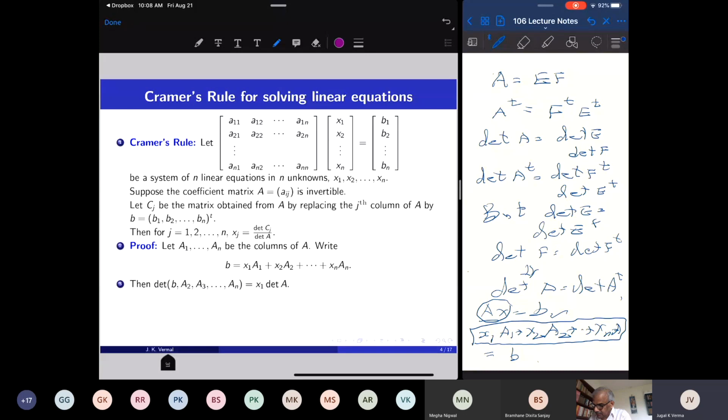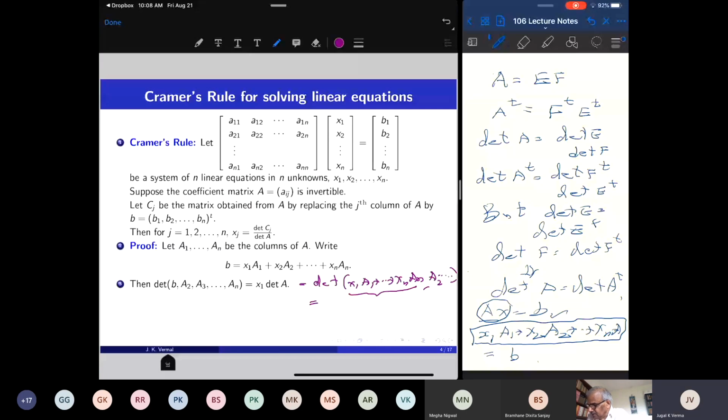Okay, so therefore, when I replace A1 by the vector B, I get the determinant of x1 A1 plus ... plus xn An, and then A2, etc. Now by multilinearity, I can open this, but after you apply multilinearity, the only term which will survive is the determinant of x1 A1, A2, ..., An.